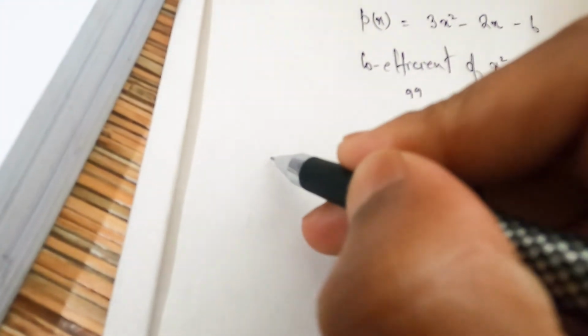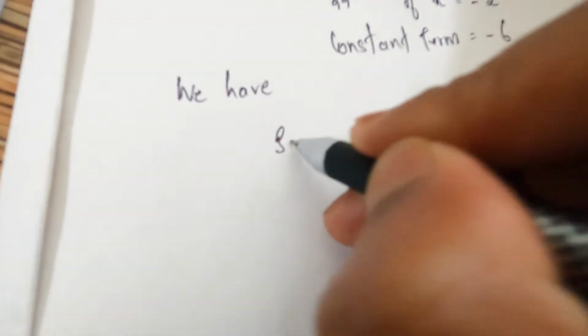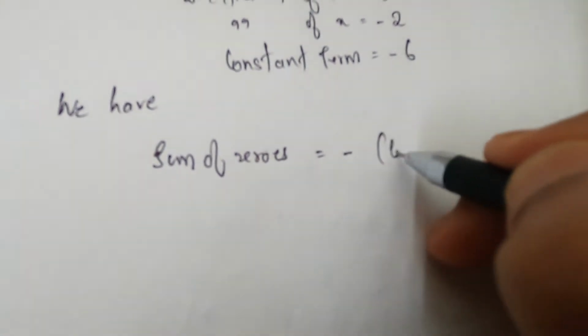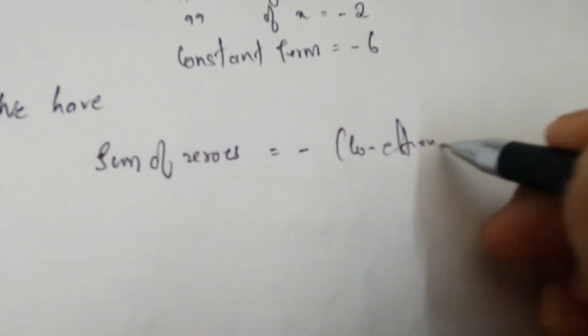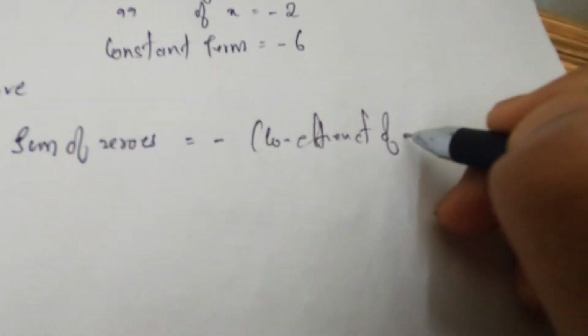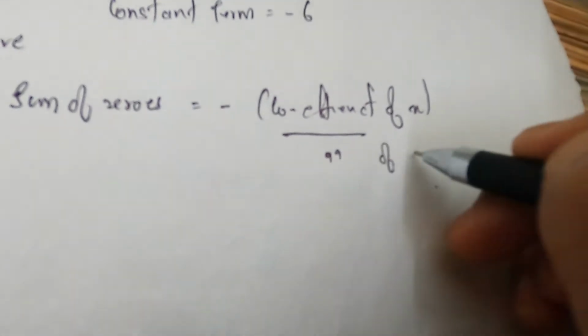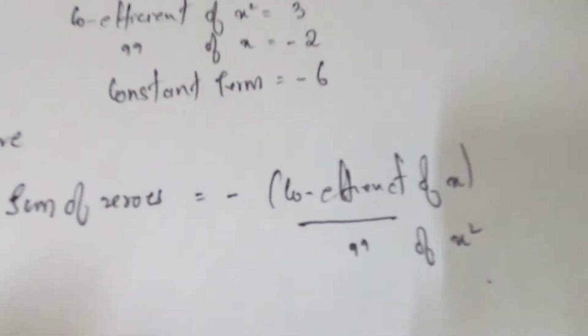Here we will write, we have sum of zeros is equal to minus coefficient of x by coefficient of x square.